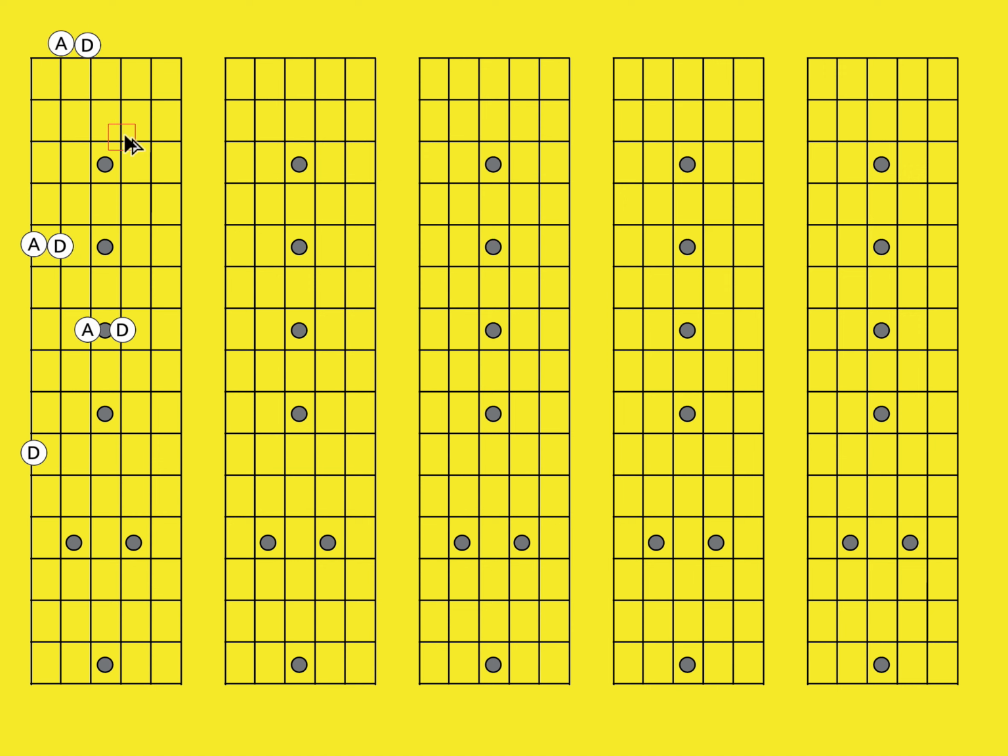But right here we have the A and the D, and they're staggered because of the tuning of the guitar, and some people, including myself, call it the B string rule, where anything that is normally as such would have to be adjusted up 1 fret to get the same interval.